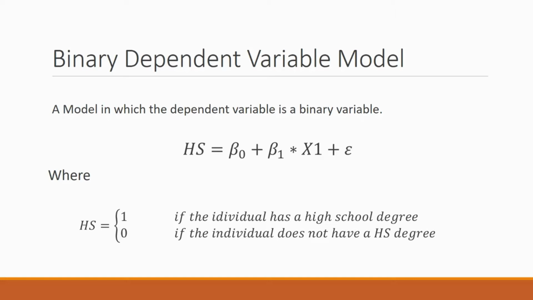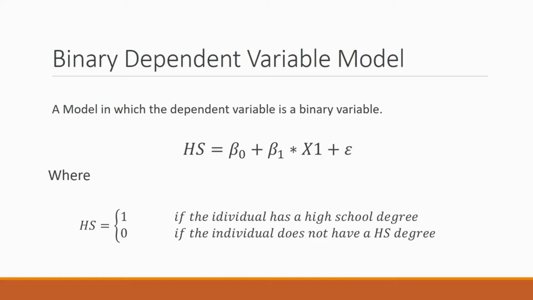We might want to know what factors affect whether or not a student will graduate high school or not. It's a binary outcome. We want to know whether they graduate or they don't graduate. It's not a continuous outcome. I want to know what factors determine or influence whether or not an individual student will graduate from high school.